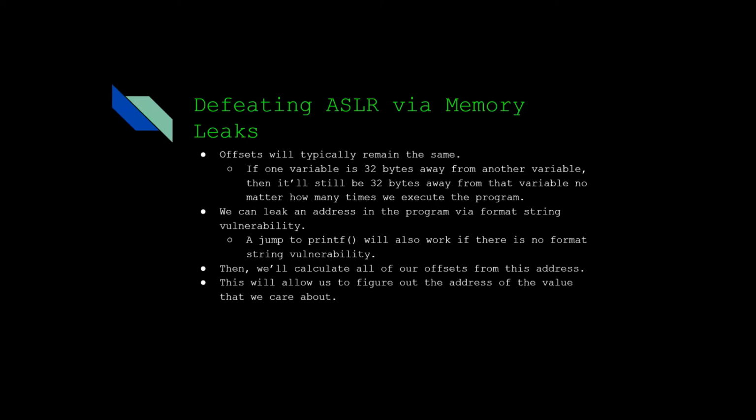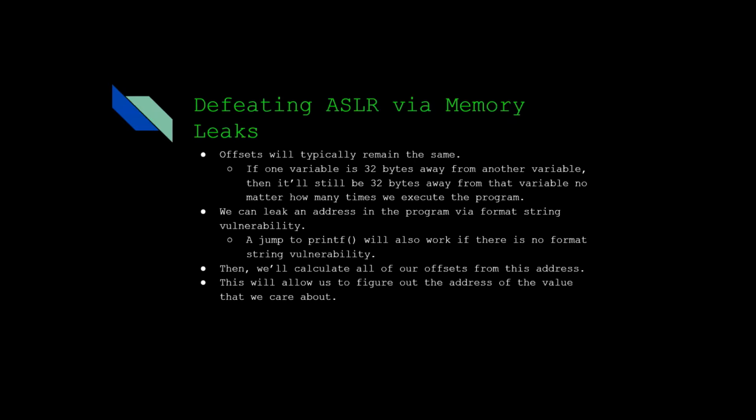If you have one variable or one function that's 32 bytes away from some other data or variable, it's always going to be 32 bytes away, no matter what. No matter how many times ASLR changes up the addresses, it's going to keep the offsets the exact same. It's not going to reorder anything. It's just going to move around where the base of the executable is located.